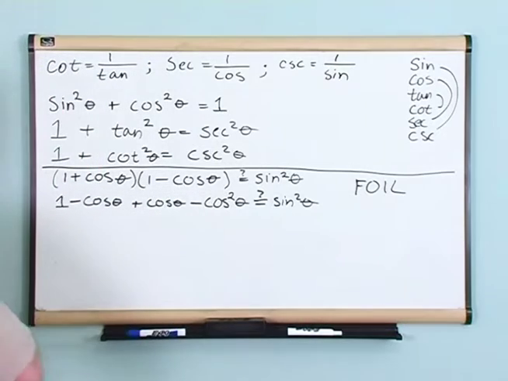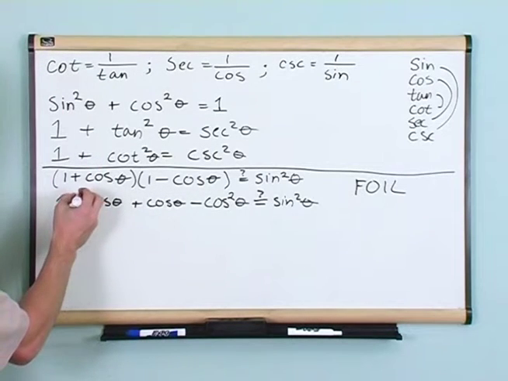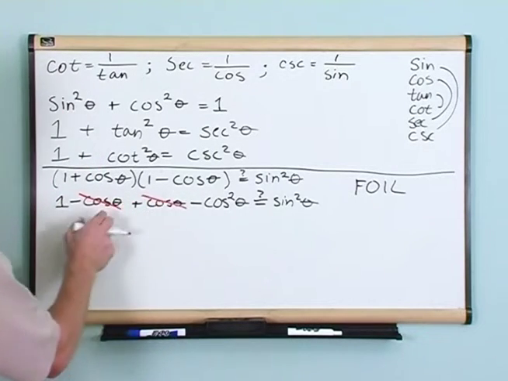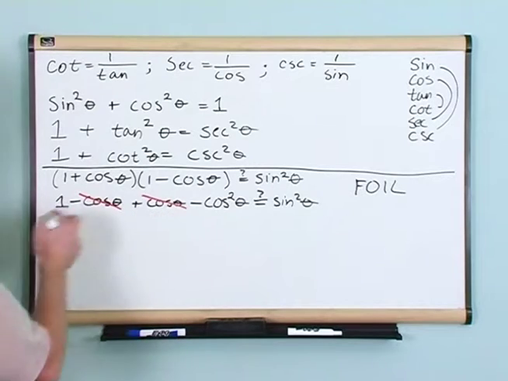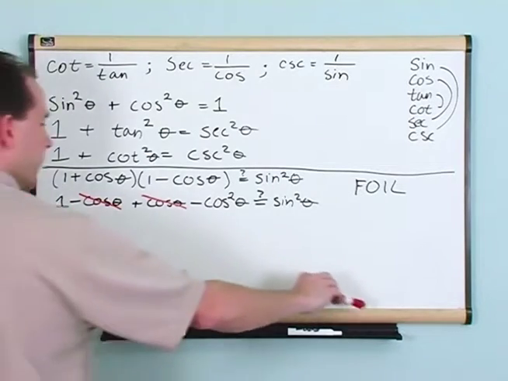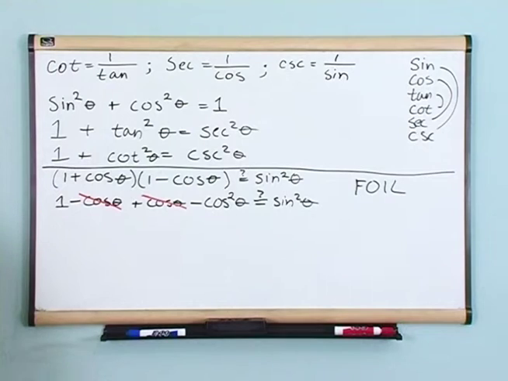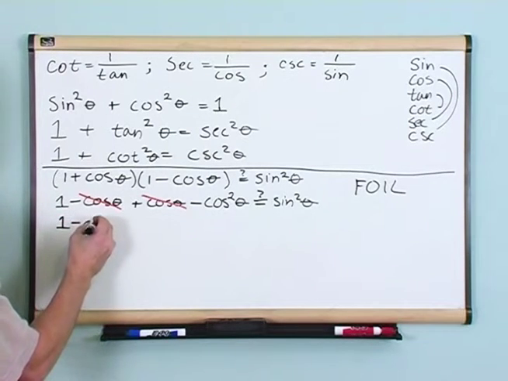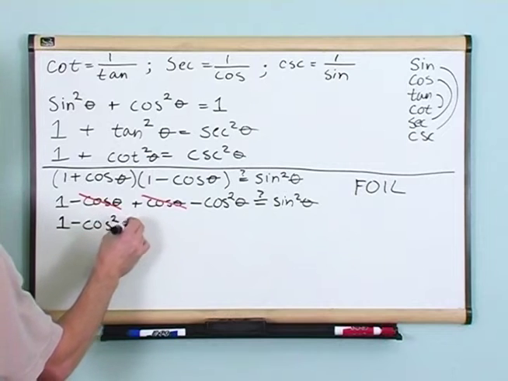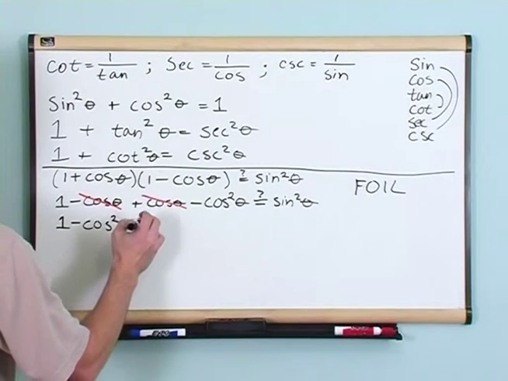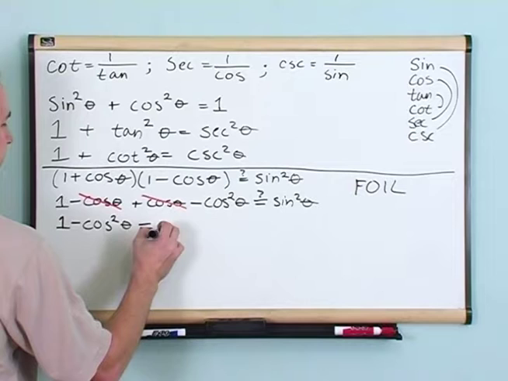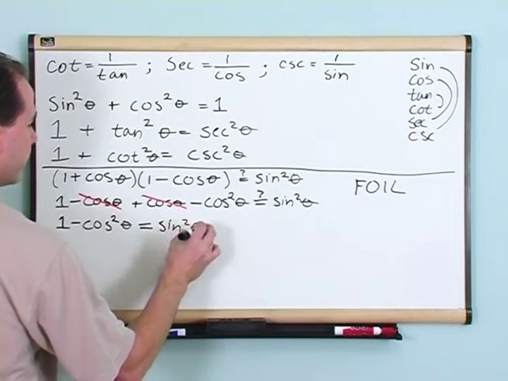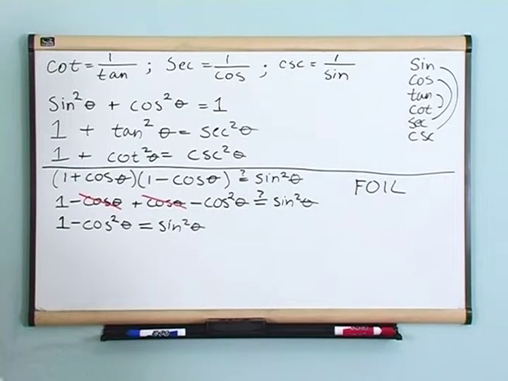Well, pretty quickly you can figure out that this is going to look a little nice because this term cancels with this term, this negative cosine theta. It adds with that cosine theta and gives you 0. So what I'm left with here on the left is 1 minus cosine squared theta equal to sine squared theta. Okay?